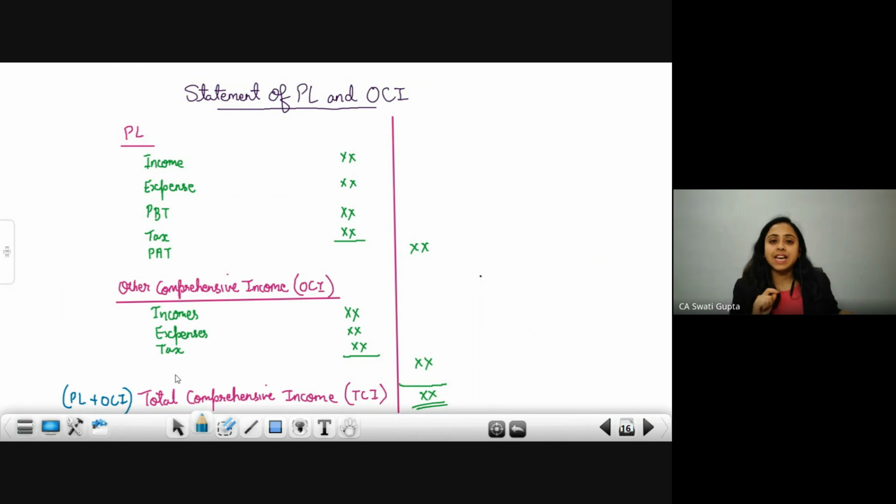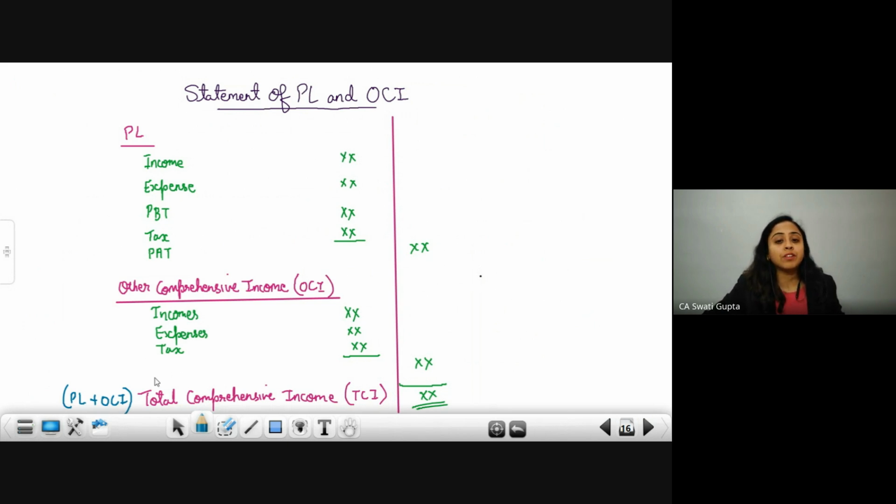See, this is the entire statement. Any income, if you're earning from any sale, any rent income, any dividend income, will be charged here.